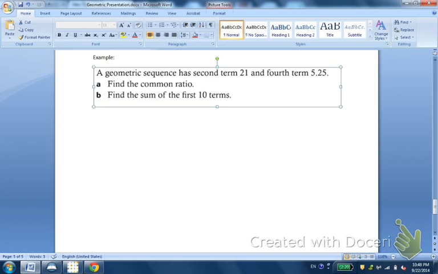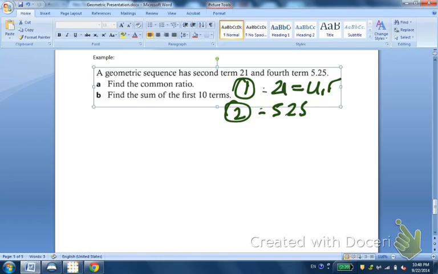Okay, let's write down the two equations. We have equation 1, 21 is u1r, and we had equation 2, 5.25 is u1r cubed. We divide these equations, 1 over 2.